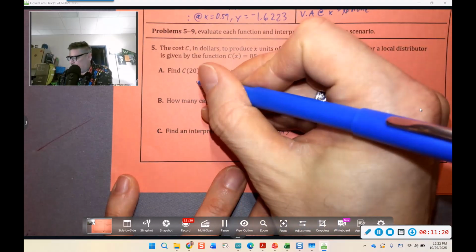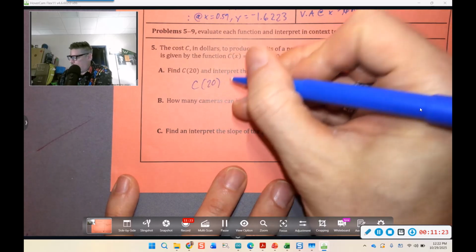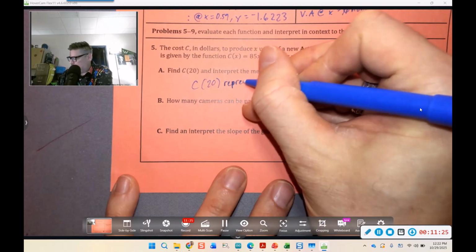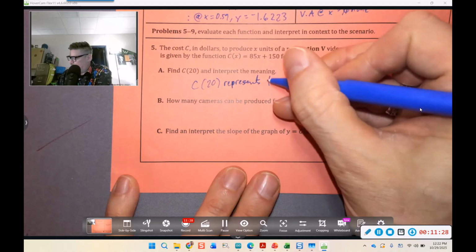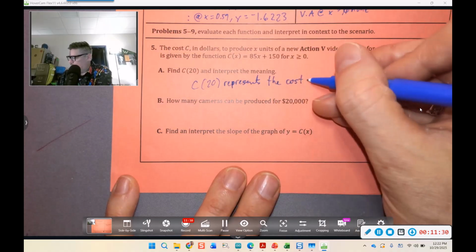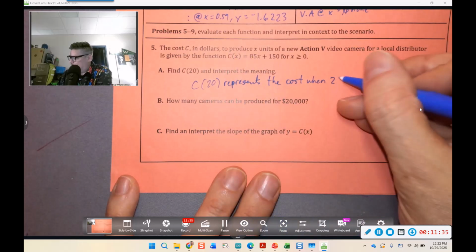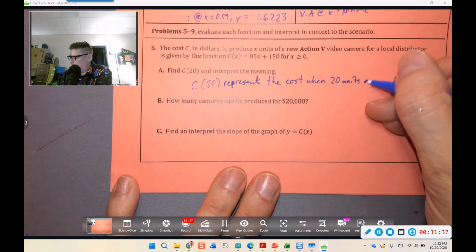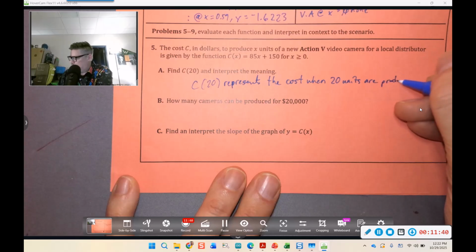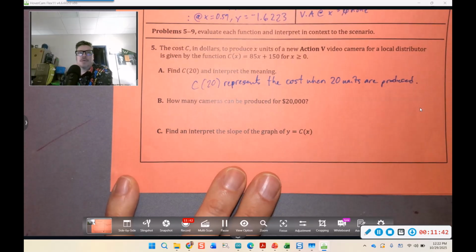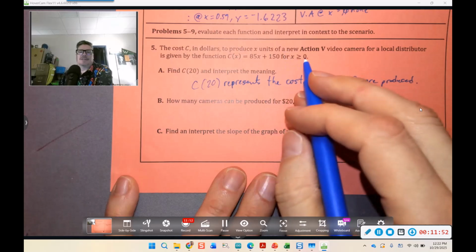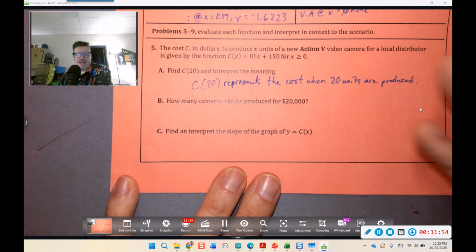C of 20 represents the cost when 20 units are produced. You plug in a 20, then you're going to get an output. That output is going to be the cost. Now you can see here x is greater than or equal to 0, and that makes sense because you're not going to have negative units.